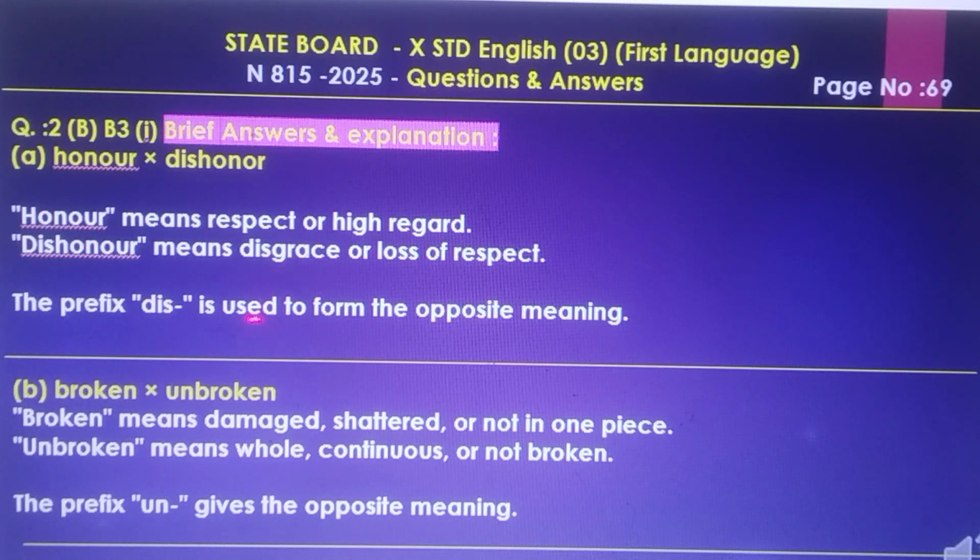Dishonor means disgrace or loss of respect. The prefix dis- is used to form the opposite meaning. The opposite of broken is unbroken. Broken means damaged, shattered or not in one piece. Unbroken means whole, continuous or not broken. The prefix un- gives the opposite meaning.